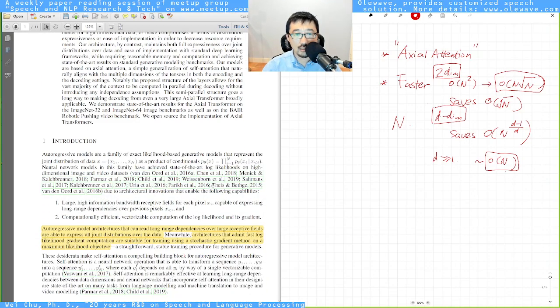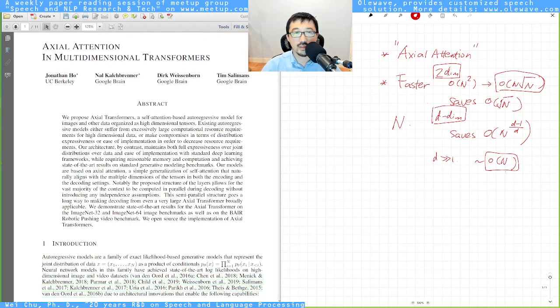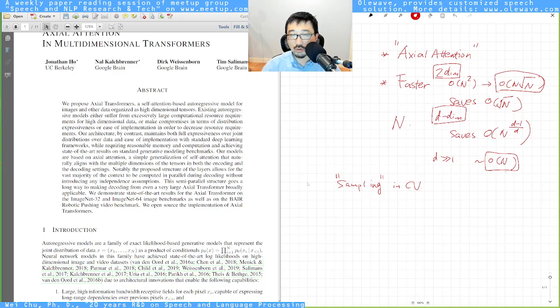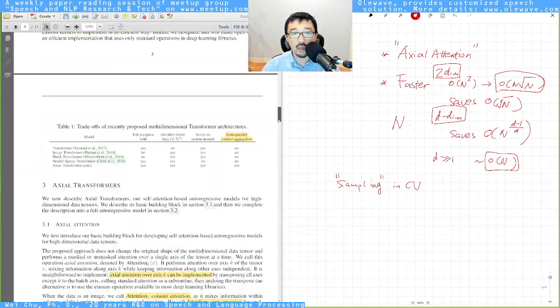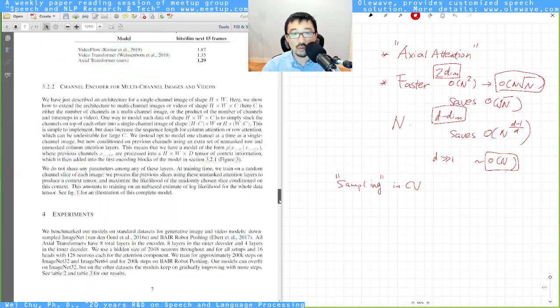Their task is the sampling task. Sampling task in computer vision. I have to say that I'm not a computer vision guy, so I try to understand what sampling is by looking at their examples.